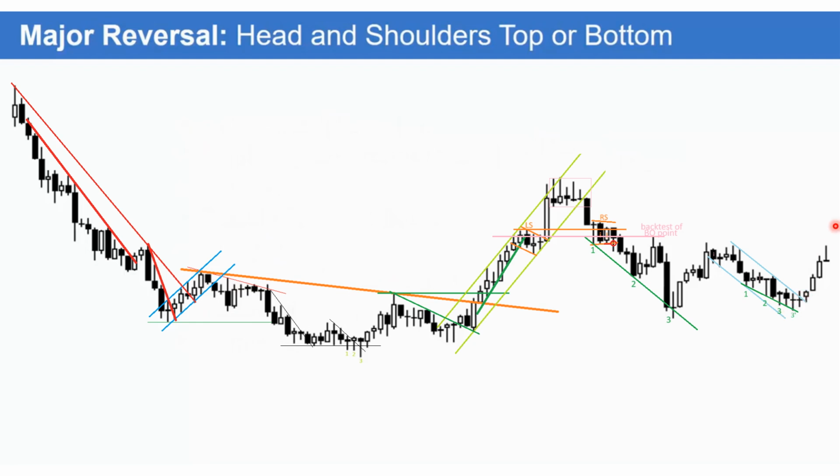Something like this, when it goes, it goes. It doesn't pull back. But something like this, see, it went, boom. But if you can structure here something that gives you 5R, that's really, really good. We have a wedge, we have a backtest of this support, we have multiple reasons to structure a trade here.